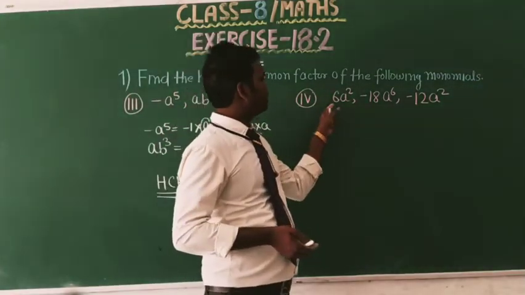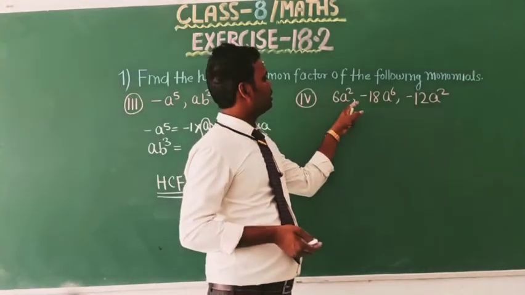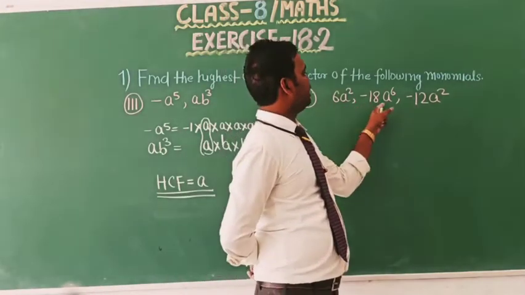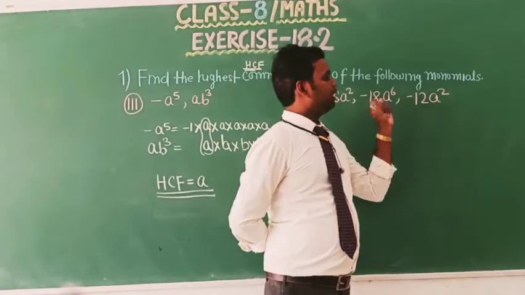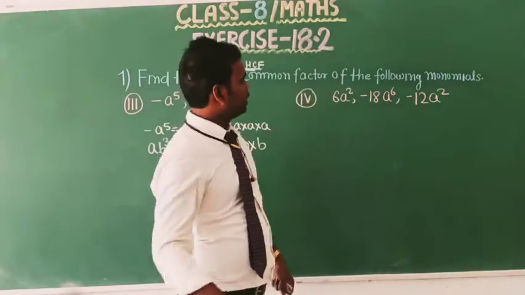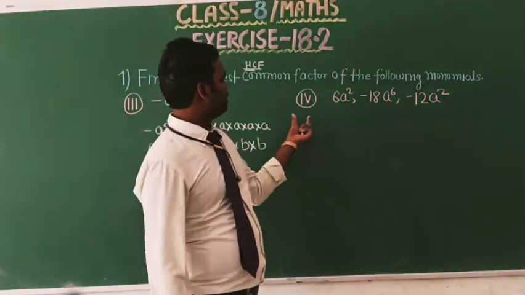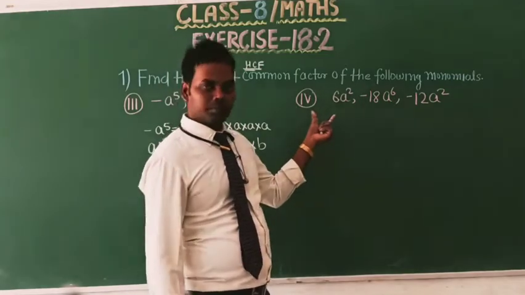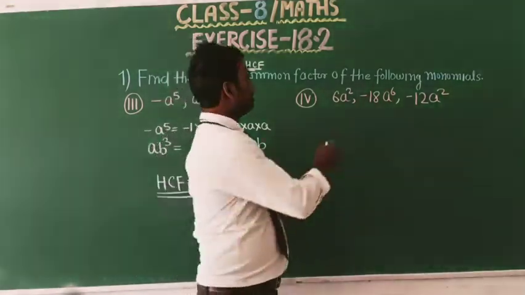This is 6a square, minus 18a to the power 6, minus 12a square, and we also find the common factor of these three expressions.